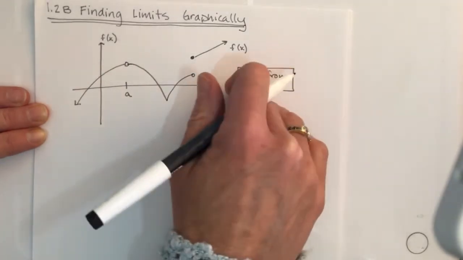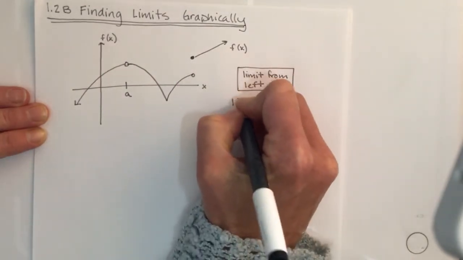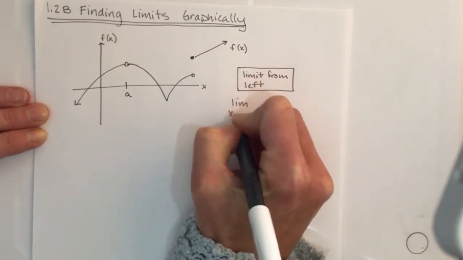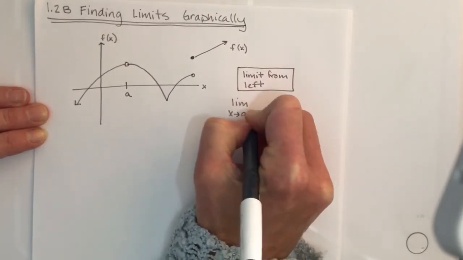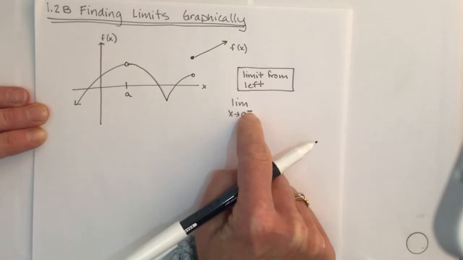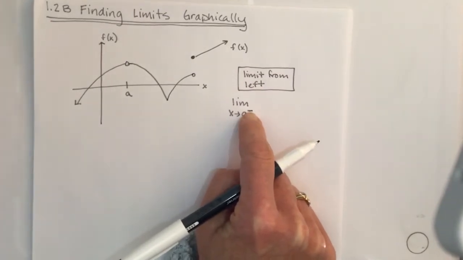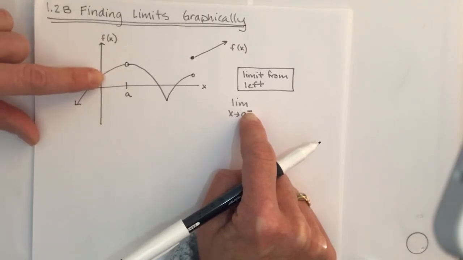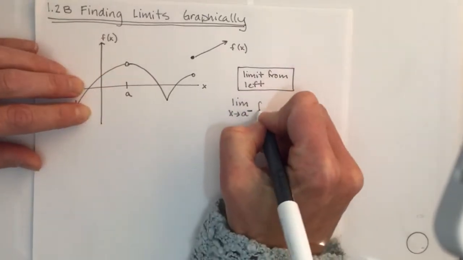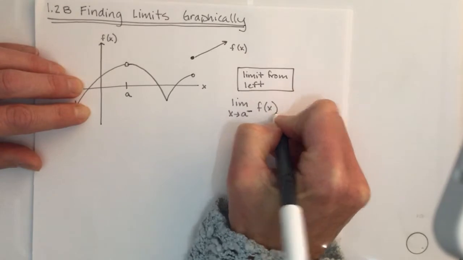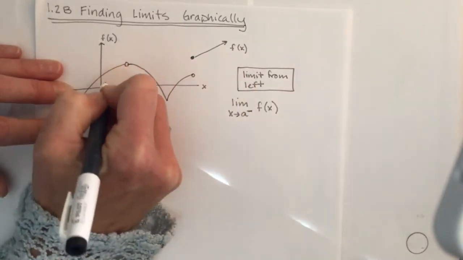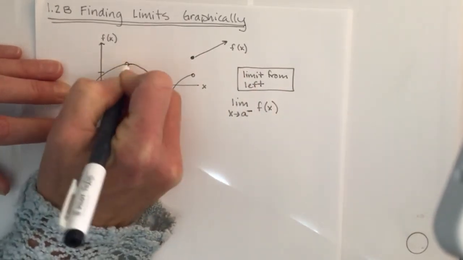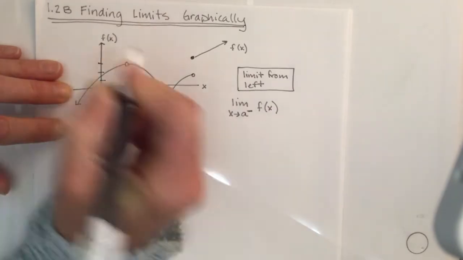So the limit from the left here: limit as x approaches a, and we show from the left with this negative symbol, so it's on the negative side of a, or the small side of a, of f of x. And we can say this is maybe 3 here.